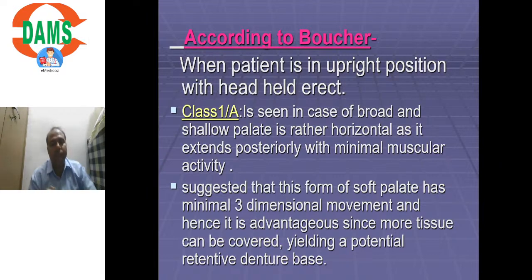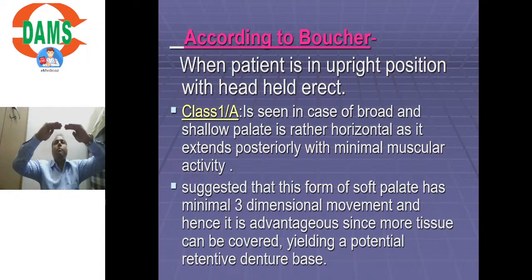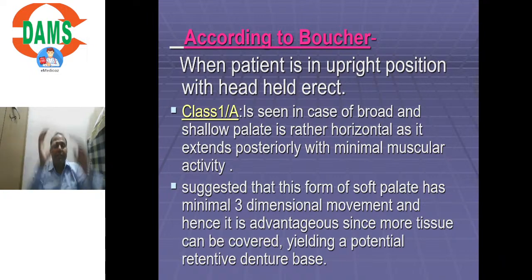Again, the more in line the soft palate is with the hard palate, the better for us. But the more angled the soft palate becomes, the more retention will be compromised, right? So class 1, the soft palate is in line with the hard palate. It is broad, shallow, rather horizontal. We are getting much more area to record of the PPS with minimal muscular activity. So that means it is class 1.